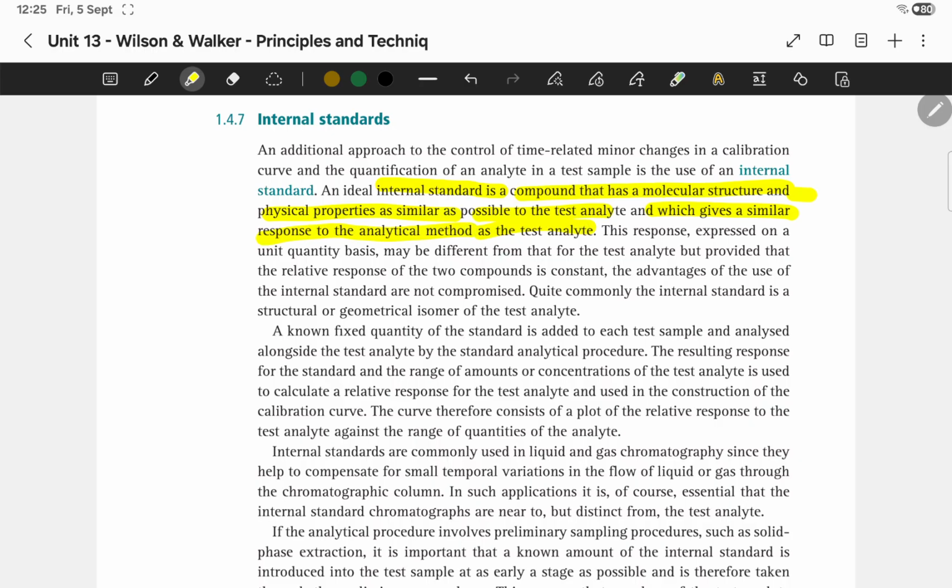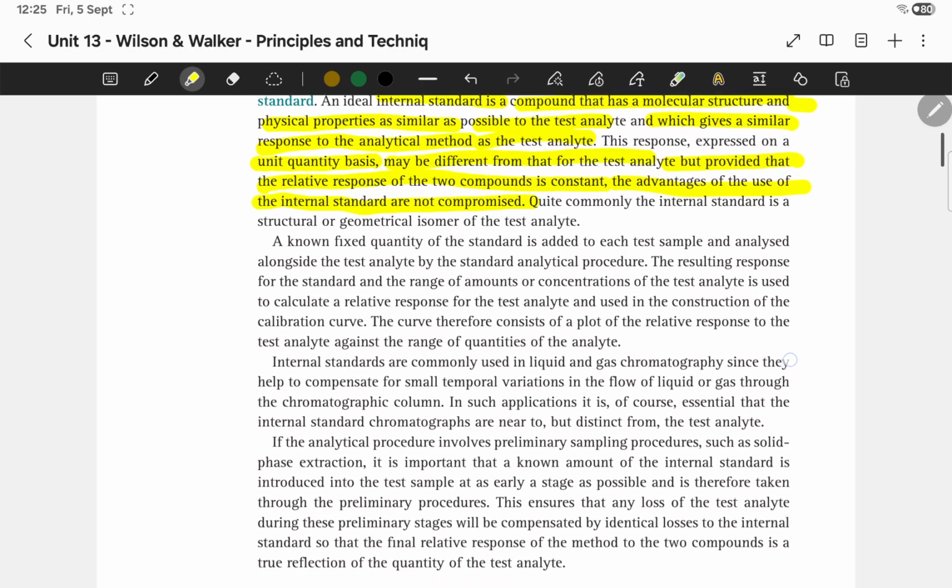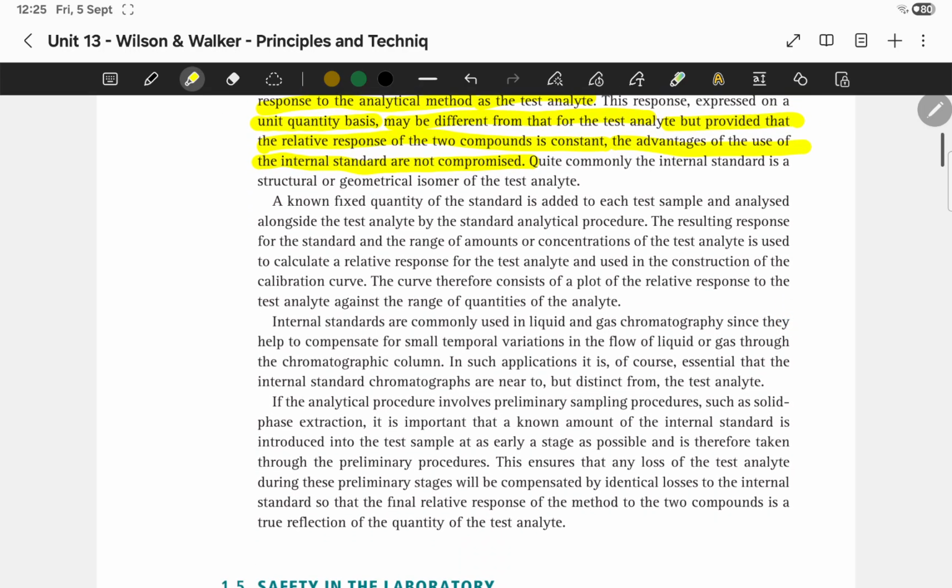This response, expressed on a unit quantity basis, may be different from that for the test analyte, but provided that the relative response of the two compounds is constant, the advantage of the use of the internal standard is not compromised. Quite commonly, a known fixed quantity of the internal standard is added to each test sample.